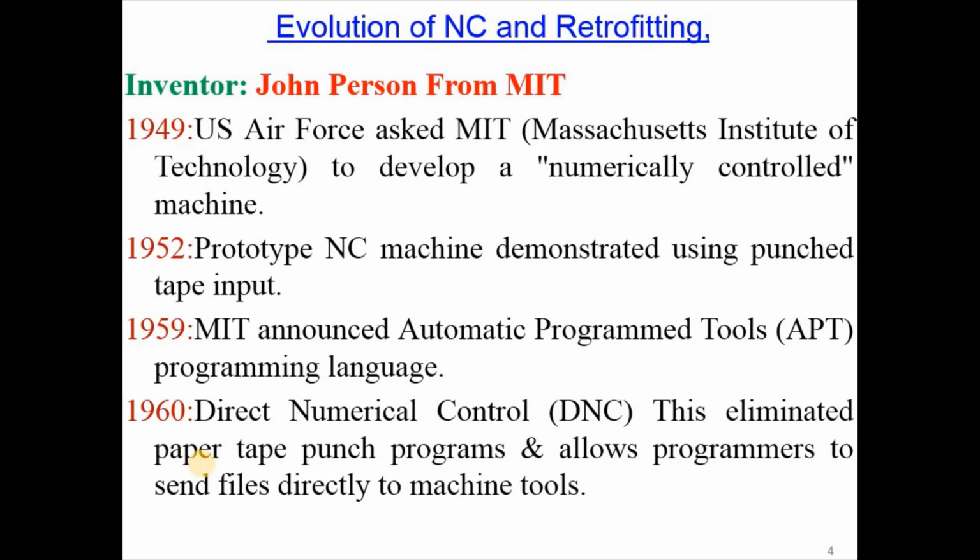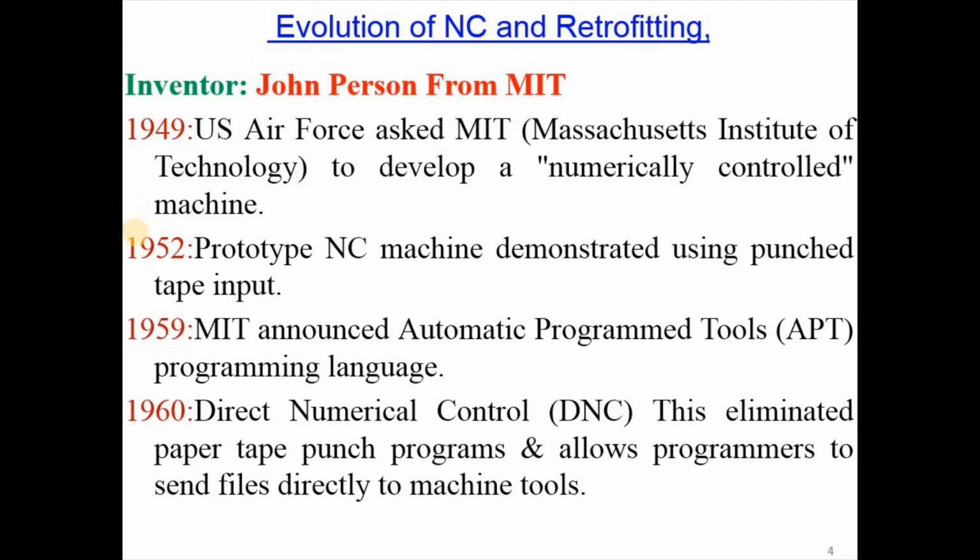After that, in 1952, the first prototype of the NC machine was demonstrated using punched tape input. Here we can give signals to the NC machine on what to do for that particular manufacturing. So punched tape is one of the input devices to provide information to the machine.